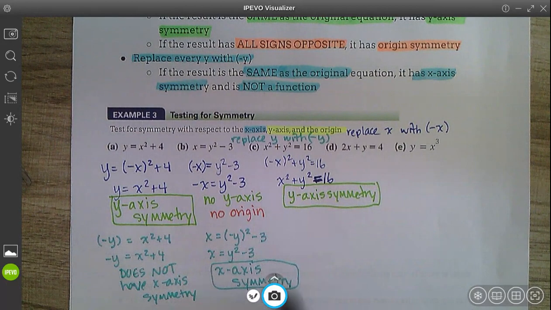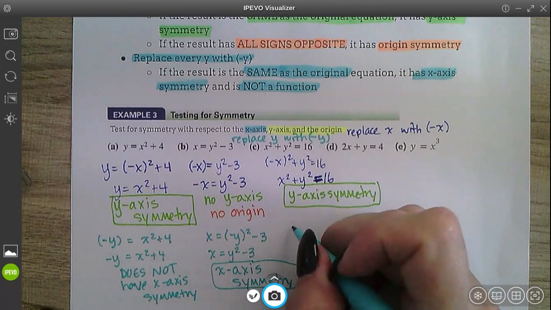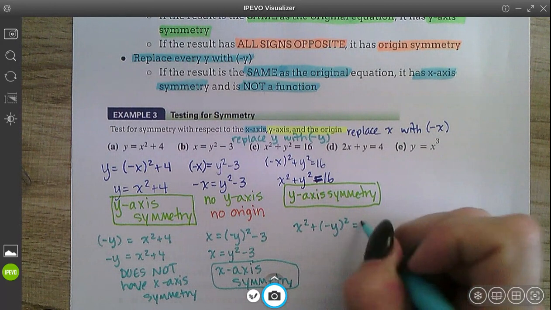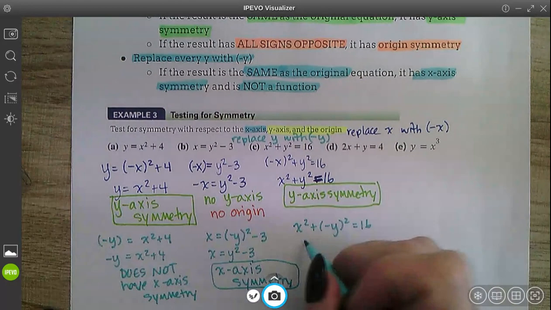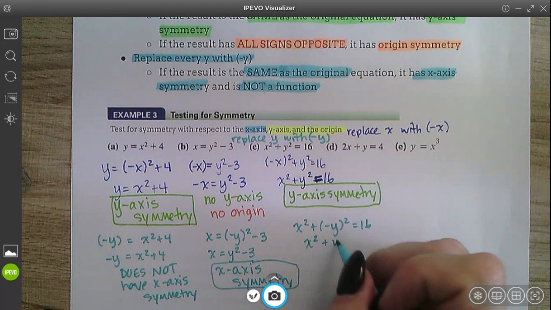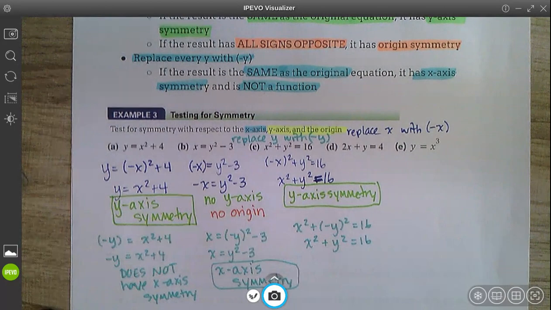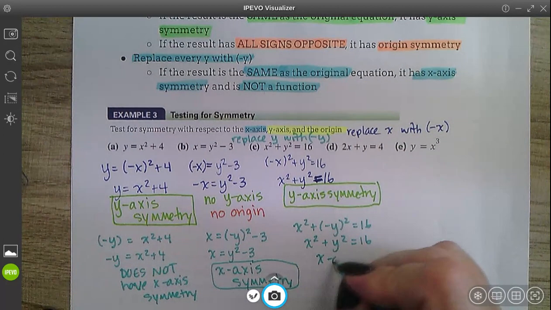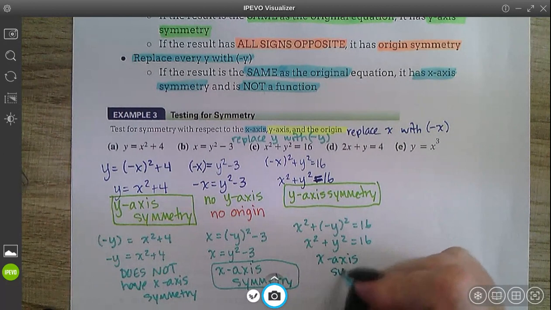Now let's test for x-axis symmetry by replacing y with opposite y. So I'm going to have x squared plus opposite of y squared equals 16. So that is x squared plus y squared equals 16, which is exactly the same as I started with, so it has x-axis symmetry.